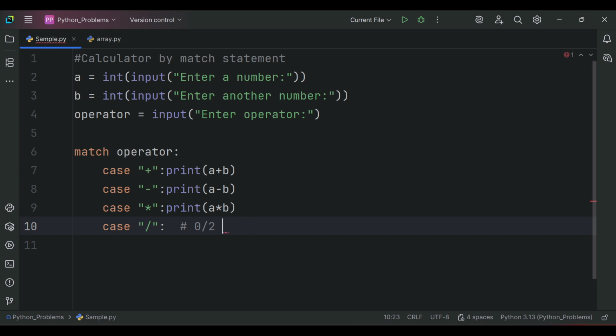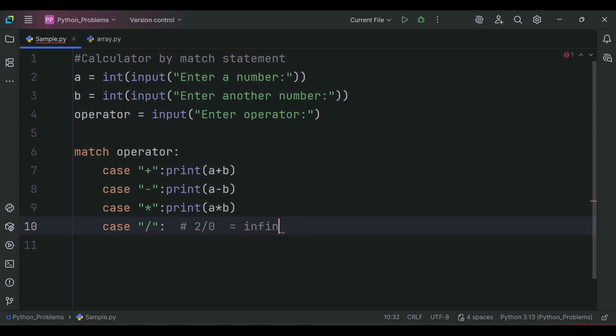But if 0 is in the denominator, the answer will be infinite, which means undefined. The printing of undefined is not possible.